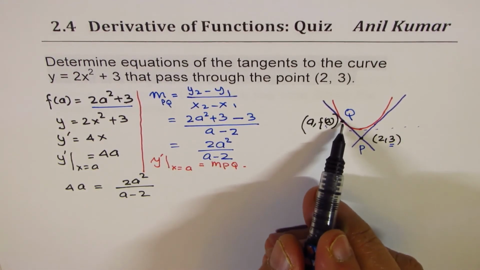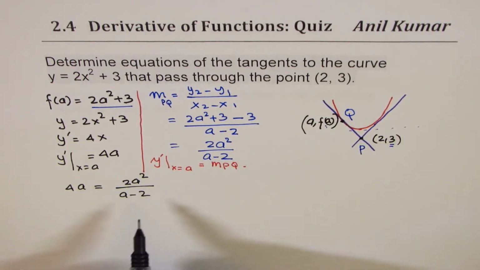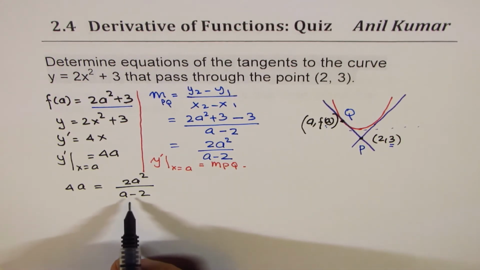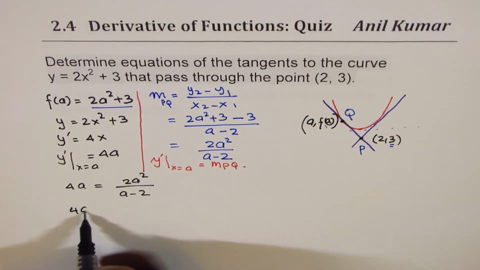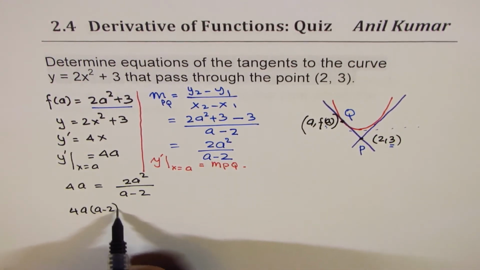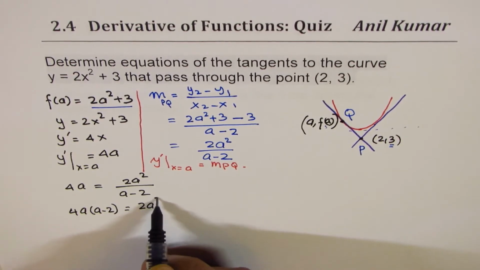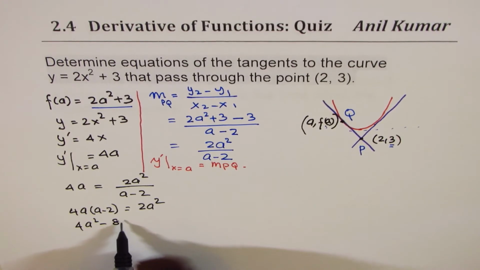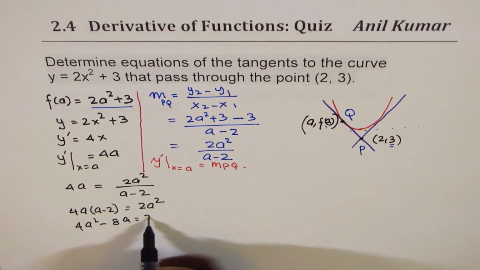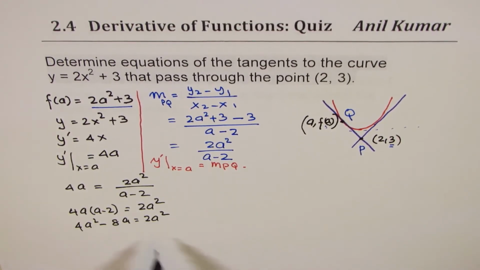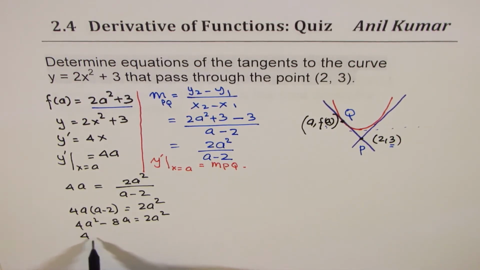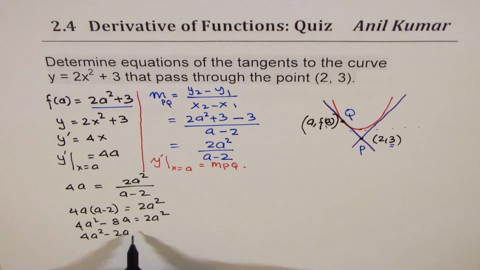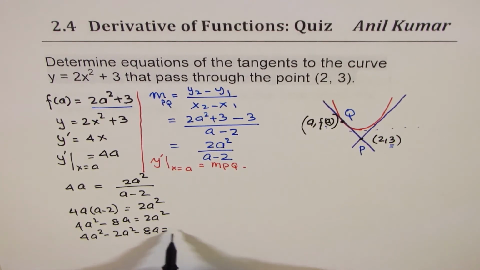Since it is at the same point, both slopes should be the same, right? So now we can cross multiply. So we have 4a times a minus 2 equals 2a squared. So that is 4a squared minus 8a equals 2a squared. Bringing that together, we get 4a squared minus 2a squared minus 8a equals 0.